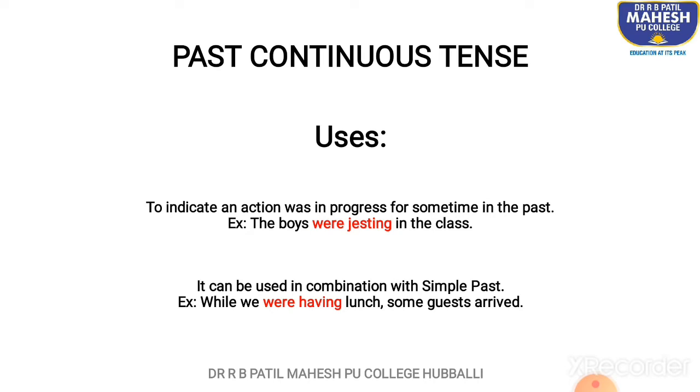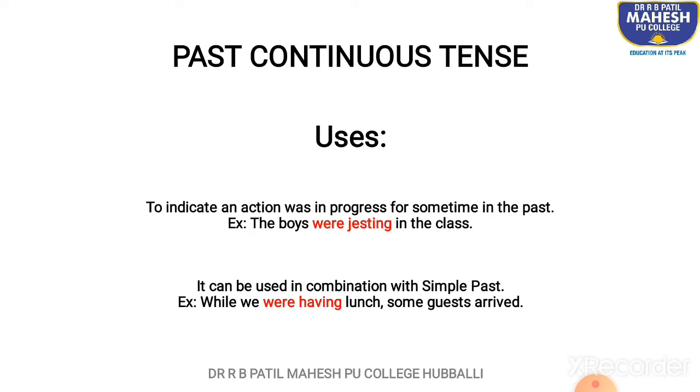So that is in combination with simple past. While we were having lunch, were having denotes past continuous, some guests arrived. That is simple past. So that makes it clear in what type of situations we use past continuous in combination with simple past, as in this sentence.